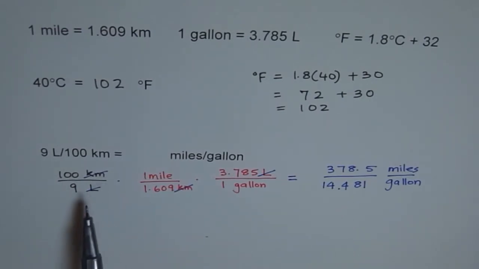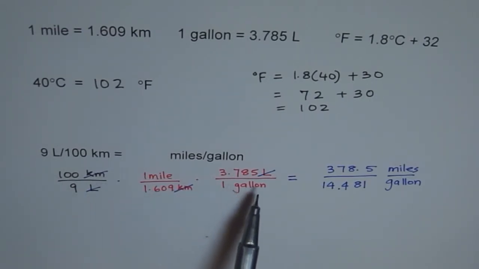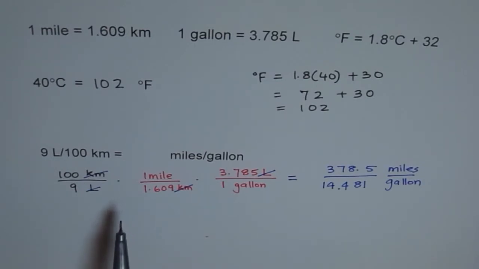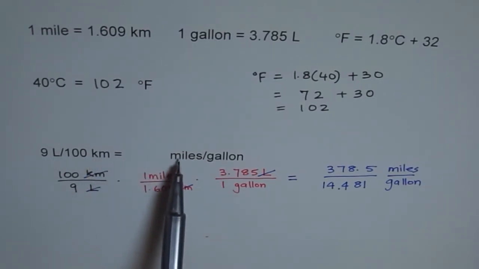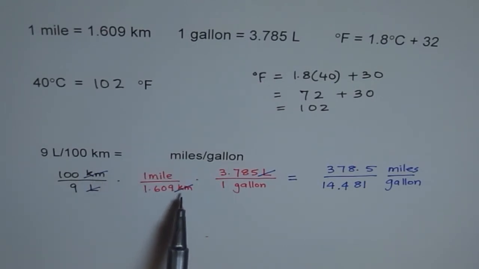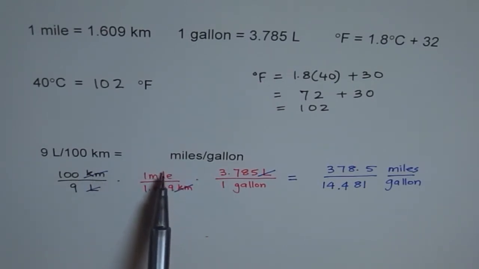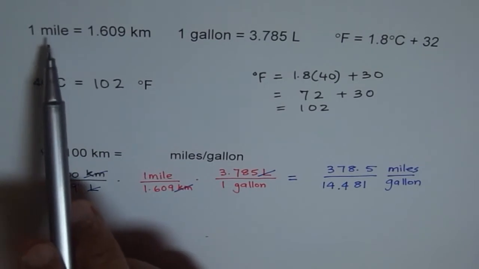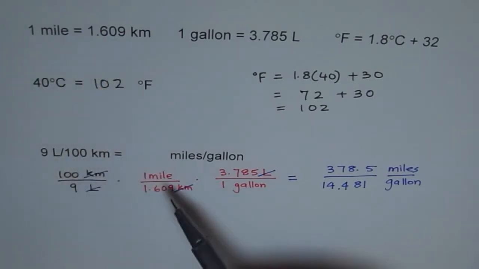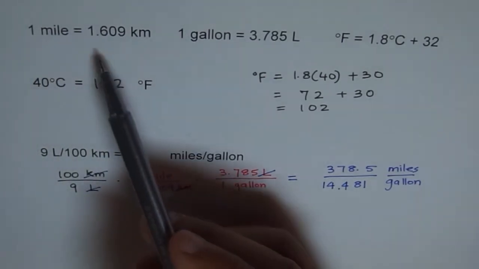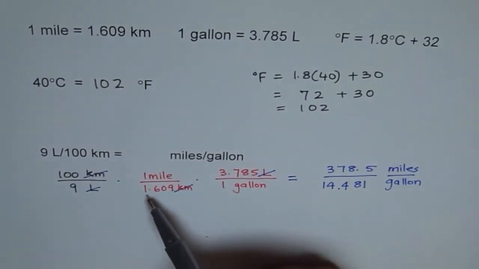Second, look at the way we convert units. You don't really have to remember them, but you want to go from kilometer to miles. That means kilometer should come in the denominator and miles should come in the numerator. And you have the conversion factor. Use that conversion factor. So 1 mile is 1.609 kilometer.